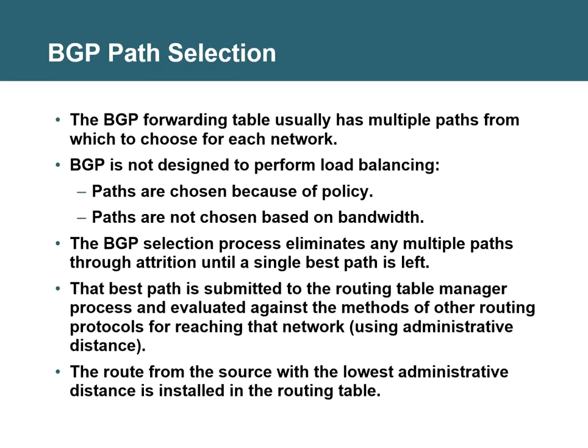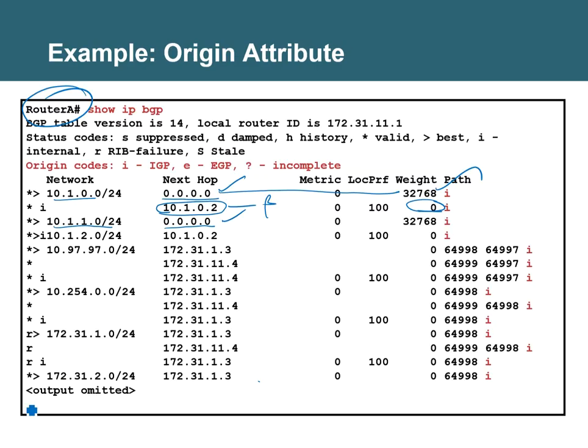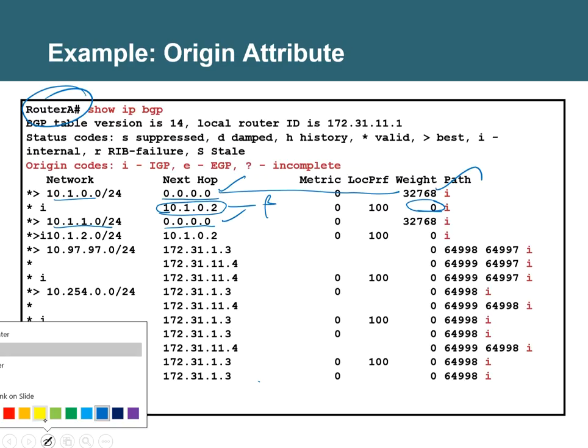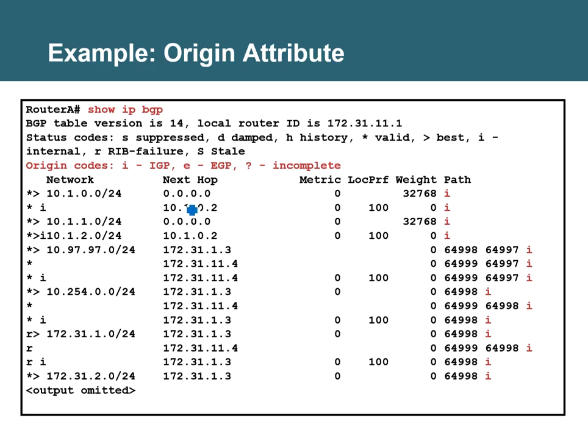So automatically, when the next hop is 0.0.0.0, the weight will be set to 32768, so that the very first attribute will be a tiebreaker, and the packets will not go to 10.10.10.2.